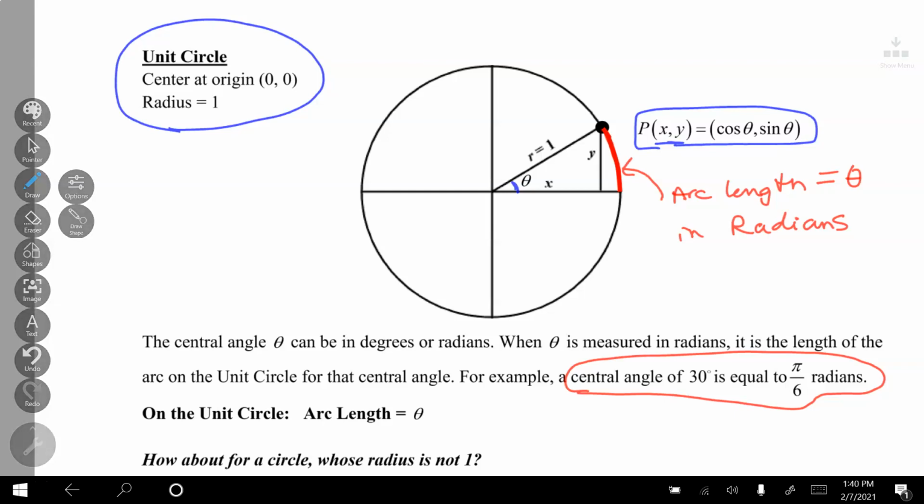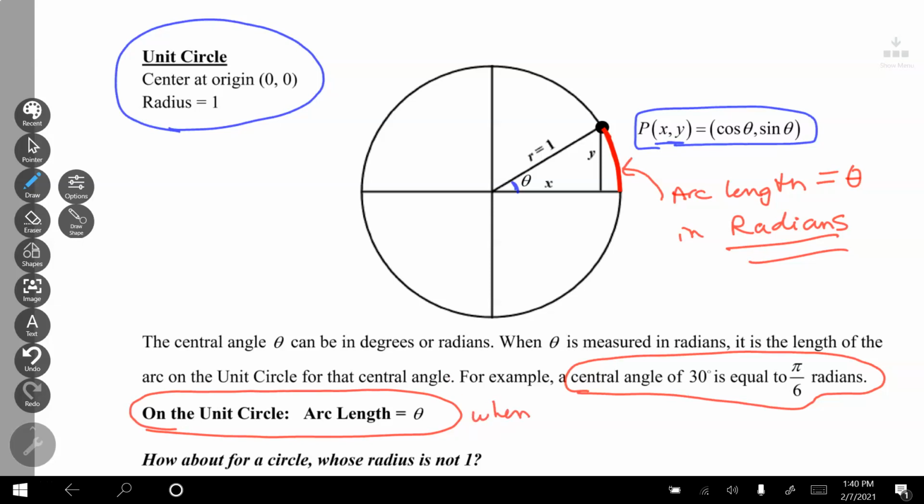It's hard to figure that out, but I can actually measure that length. So radians is the way to go. So this arc length on the unit circle is just equal to that angle when theta is in radians. So we're going to use radians more and more and more.